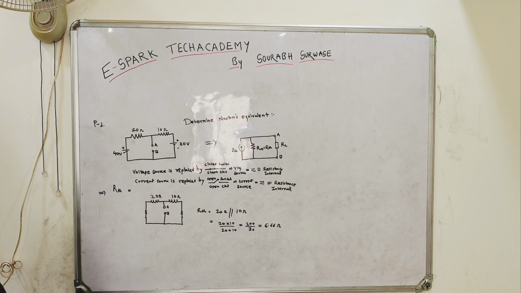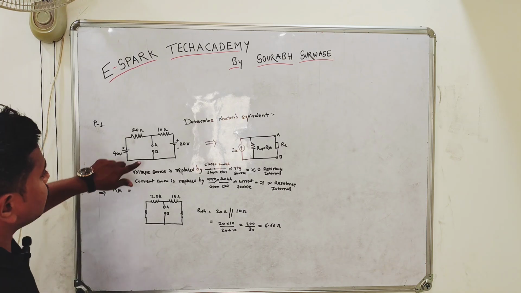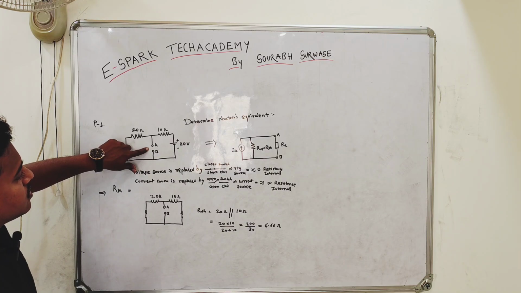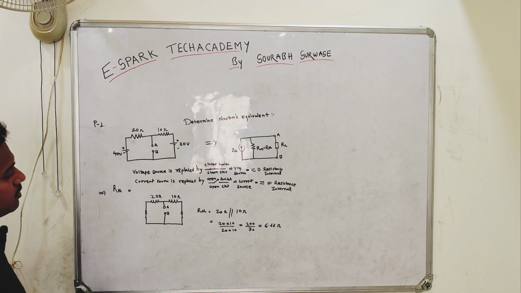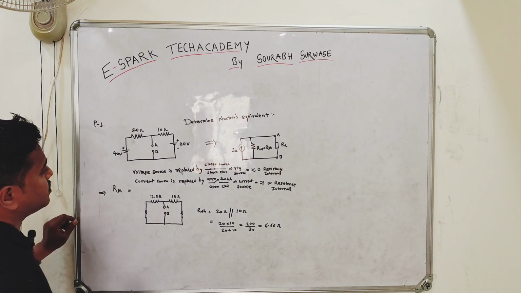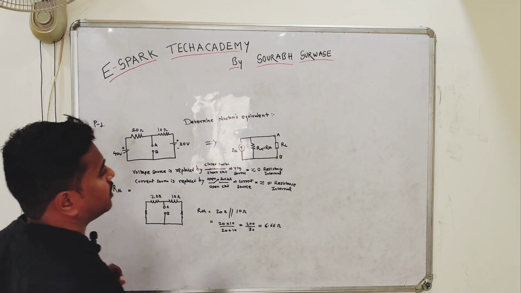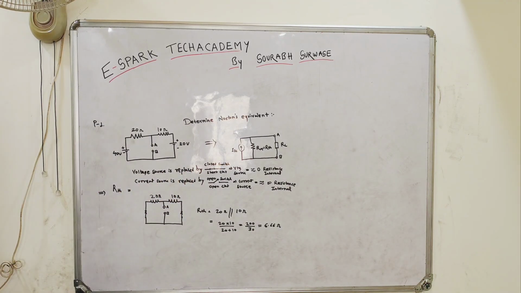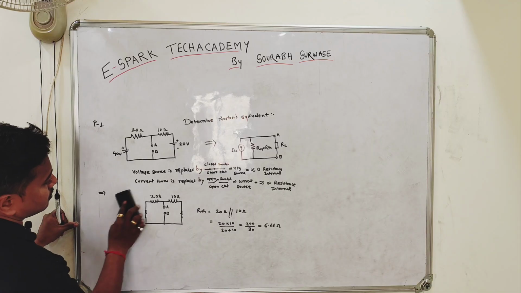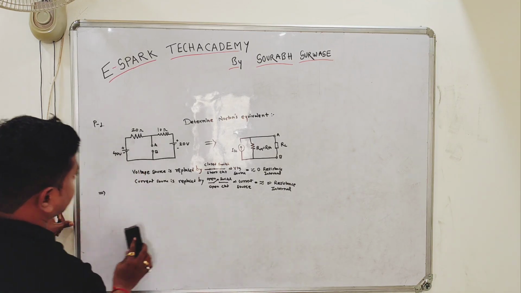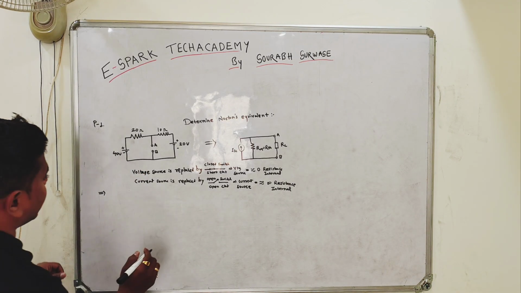Now this is the first case. Now we have to find the current through these terminals A and B when we short circuit these points. Now I will be drawing a circuit. First note down the RTH. Now we will be finding the ISC, or you can say IN.